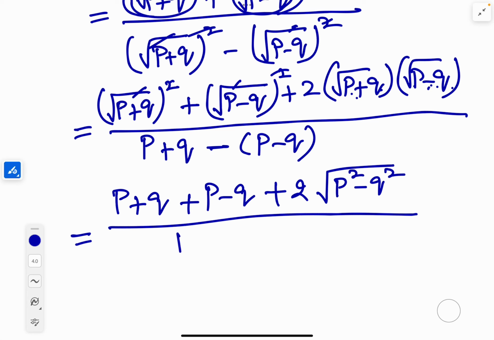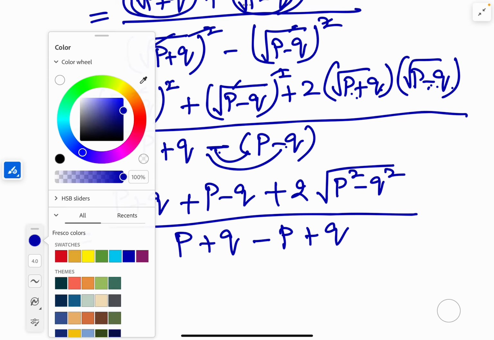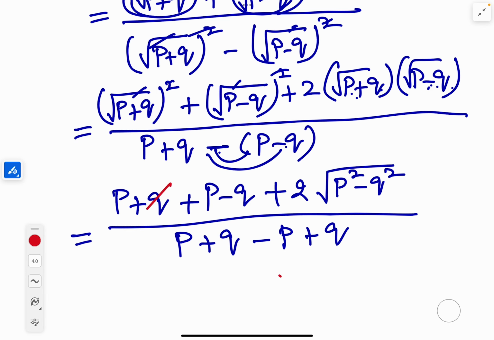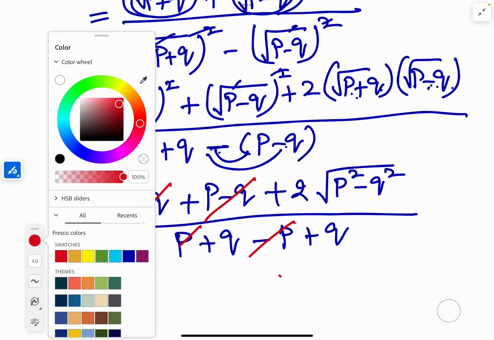In the denominator I will remove the bracket: p plus q minus p, minus into minus is plus q, okay. Now let us check, plus q minus q gets cancelled. Here plus p minus p gets cancelled, okay.